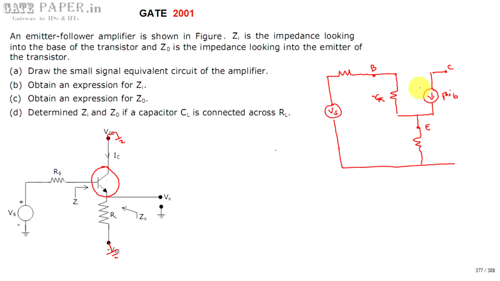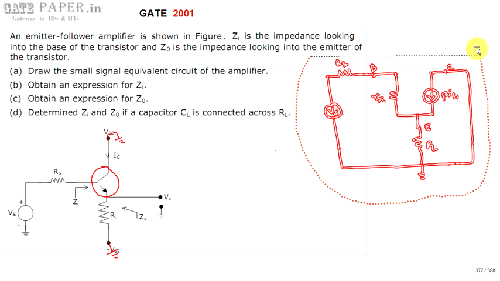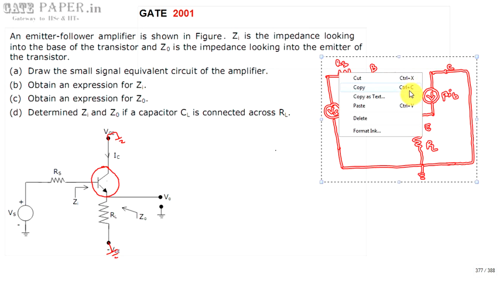Next, the collector is directly grounded. So this is the AC equivalent circuit with values RS, R pi, RL, and beta IB. This is the AC small signal model for the given amplifier.